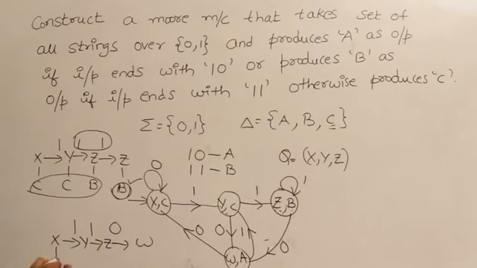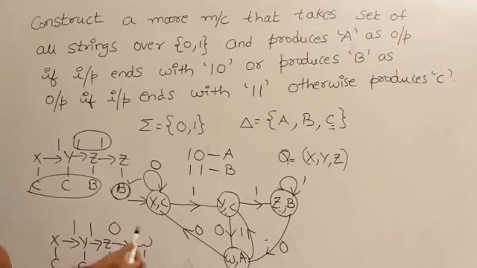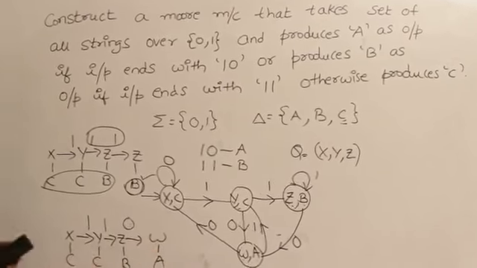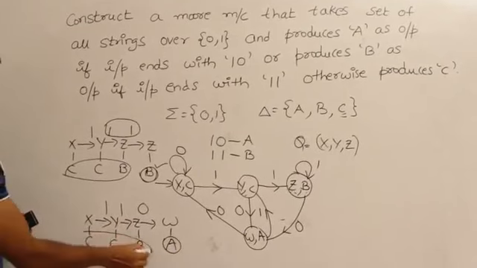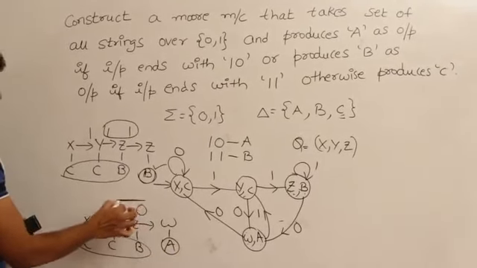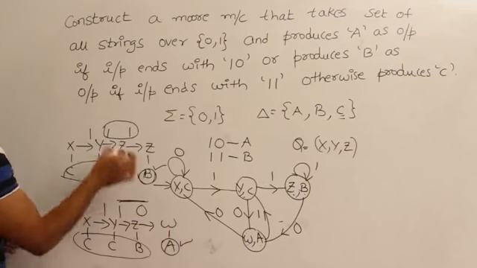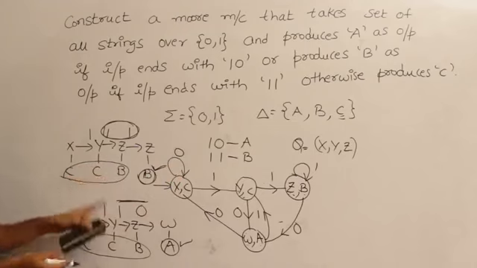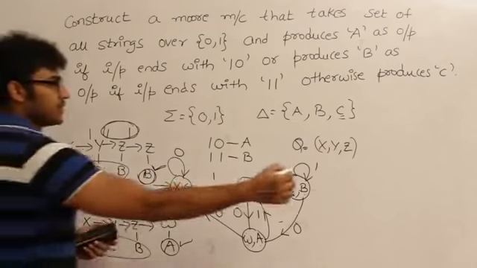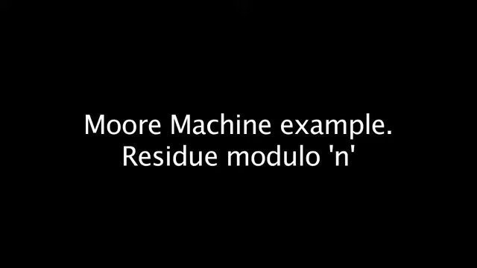What is the output associated with X? C, Y C, Z B, and W A. Therefore final output is A. This is what matters, not all this, right? So if the input is going to end with 1 0, we are going to see A. If the input is going to end with 1 1, we are going to see B. Don't care about the other outputs. Okay, so this is the solution for the given problem.